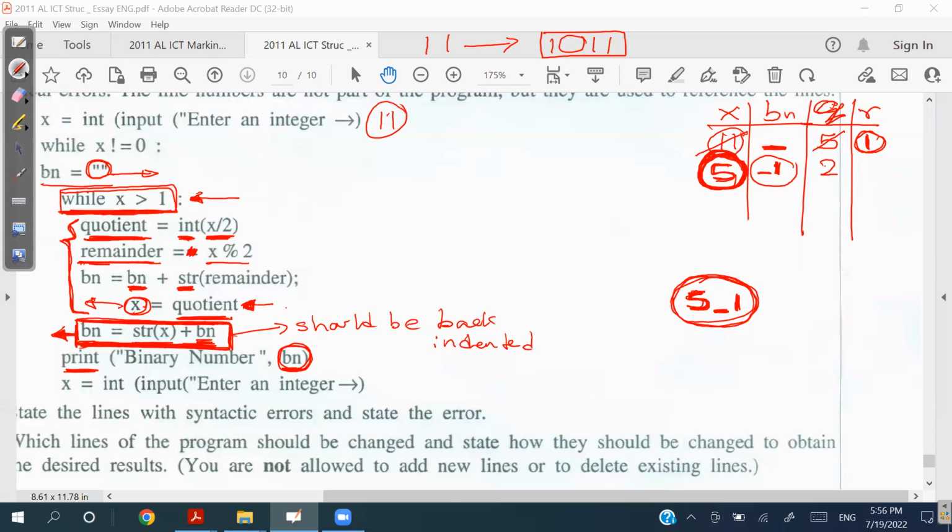They are assigning the remainder by x mod 2. So x means 5. 5 mod 2 means again 1 is remaining.